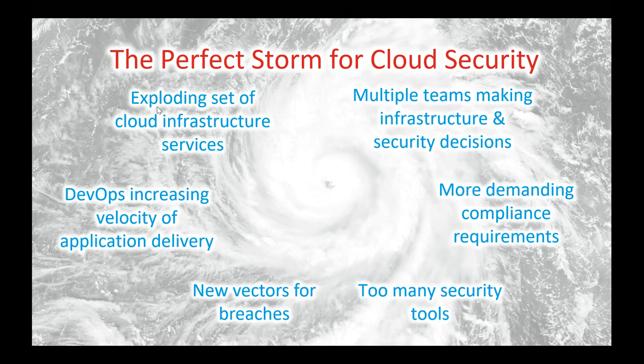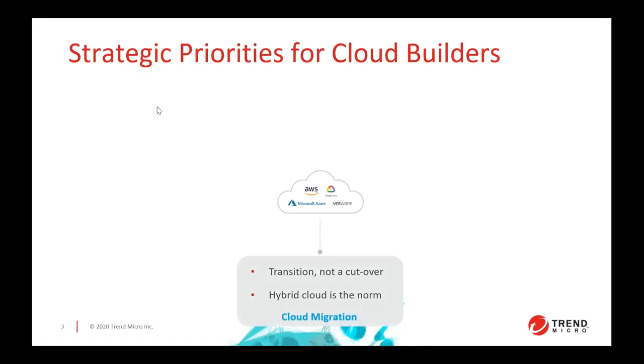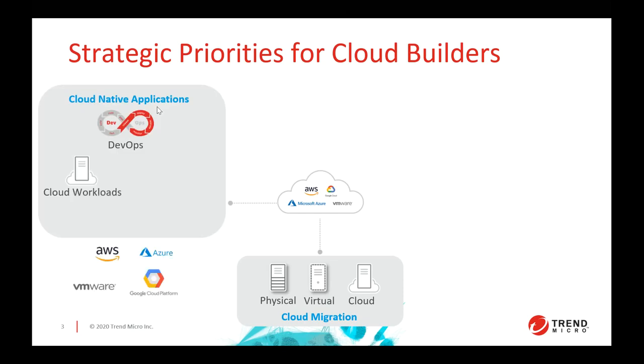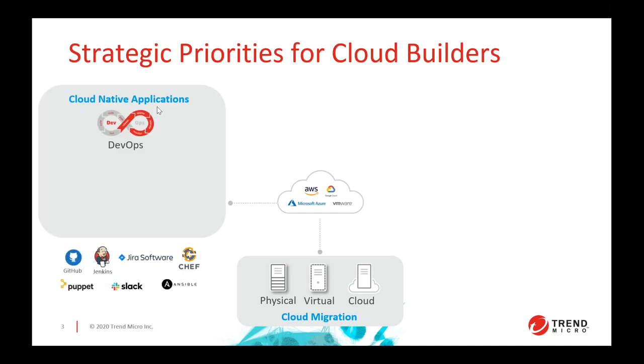So let's go to the strategic priorities for cloud builders. What will be the strategic priorities for cloud builders? You can see in this slide, cloud migration is the first thing. They need to migrate all the services available on physical and virtual workloads.